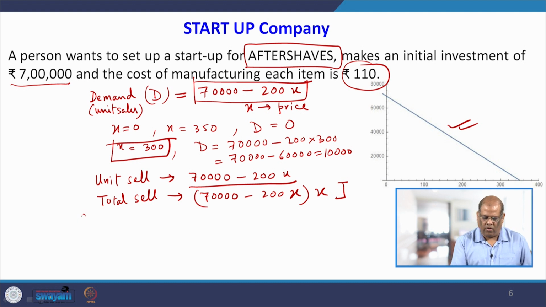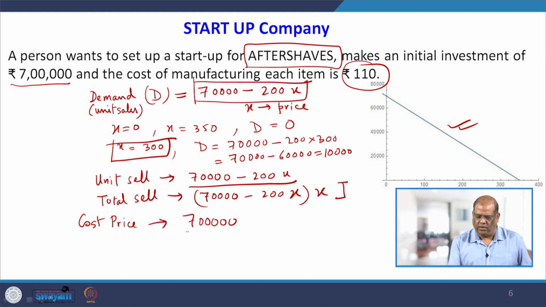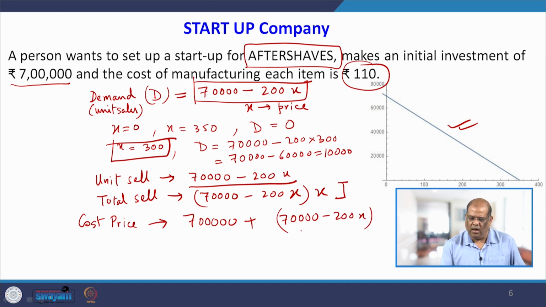Now, let us go for the cost price. You have a setup which costs you 7 lakh. Please note this 7 lakh has nothing to do with 70,000, okay. It is just another number. So, this cost price plus you have the demand, which is 70,000 minus 200x, and the cost of each unit is 110.